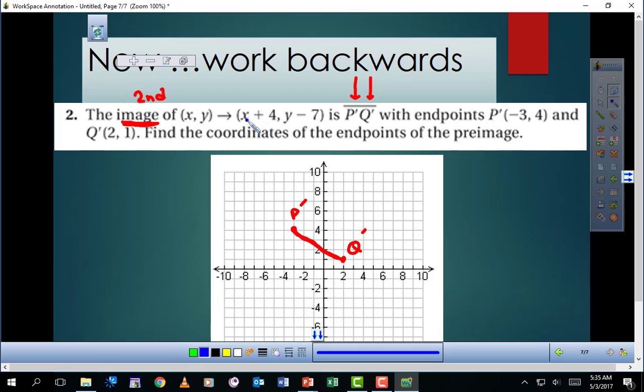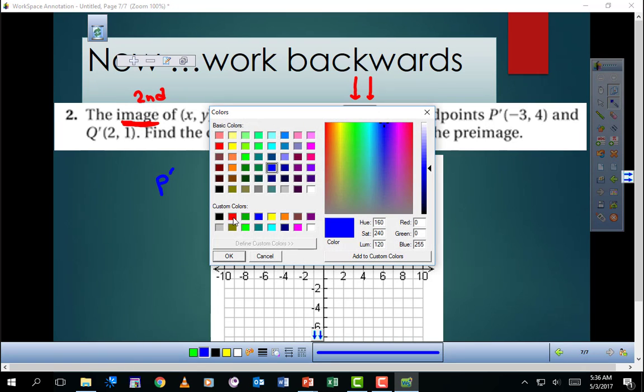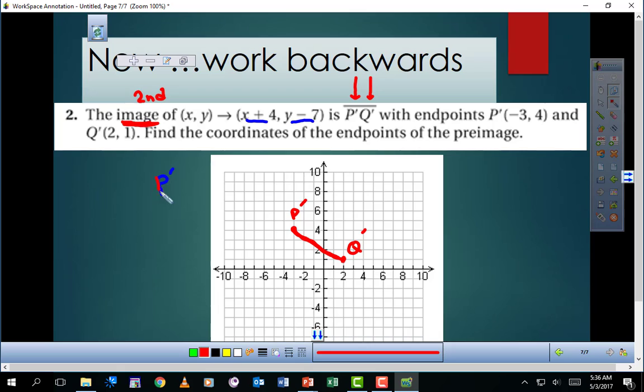Now, here's the rule. Again, this time we have P prime, and I should be drawing this in red, so let me redo this. P prime is sitting right here at the coordinates -3, 4, and Q prime is sitting at 2, 1.